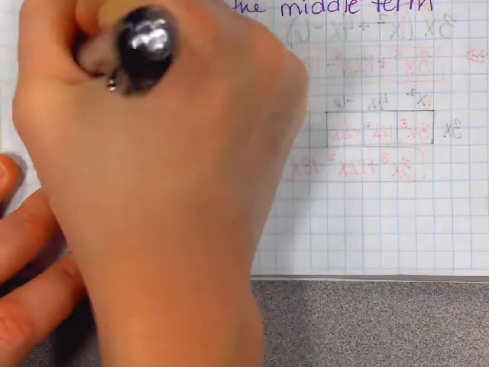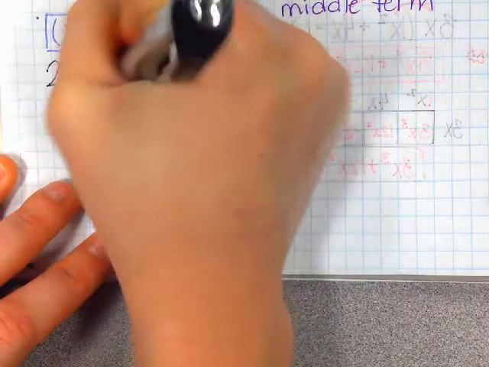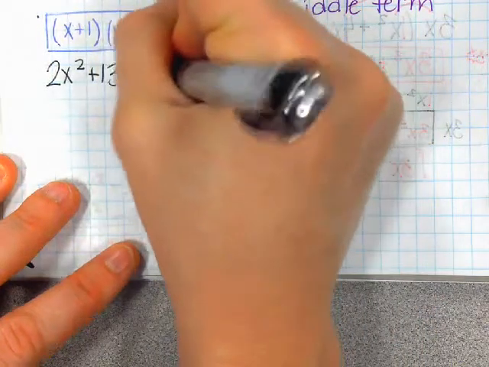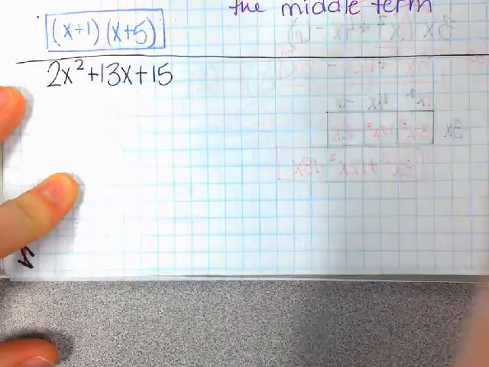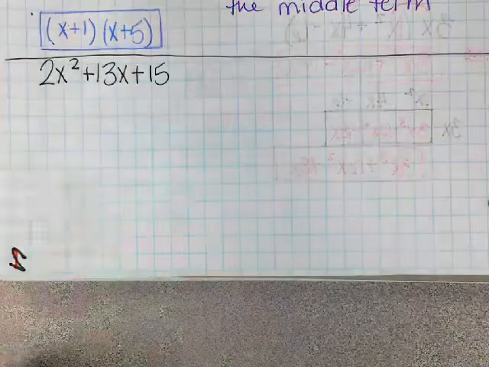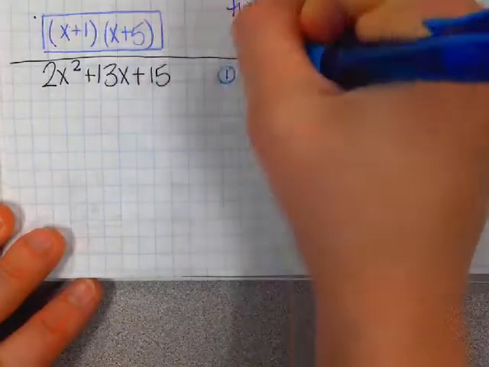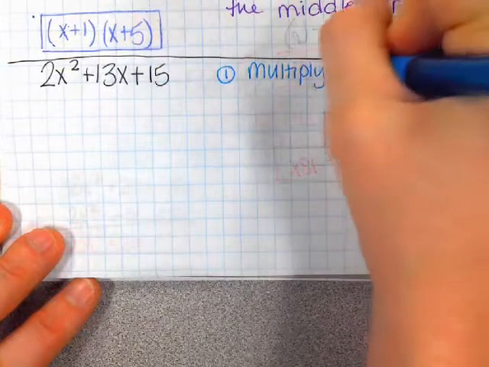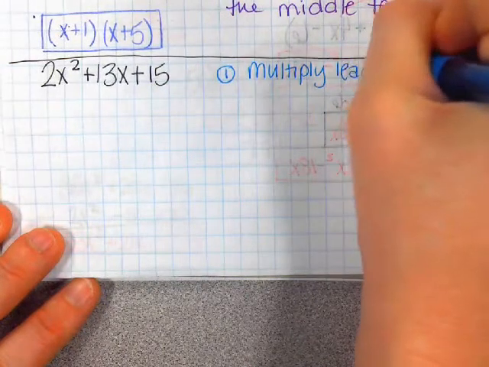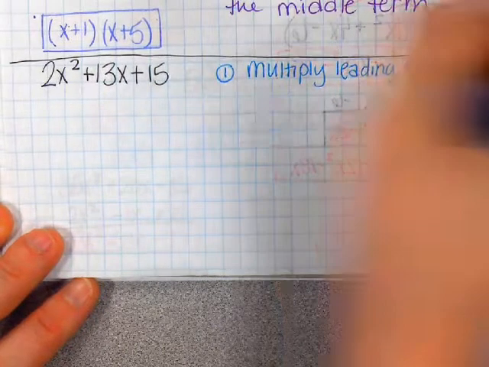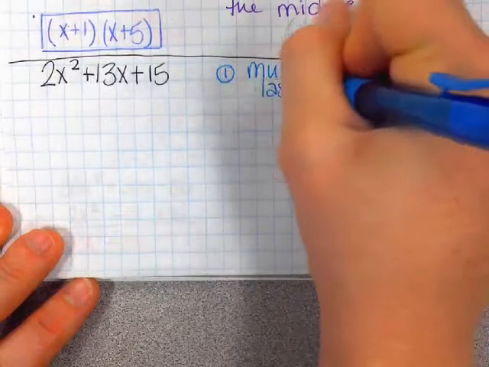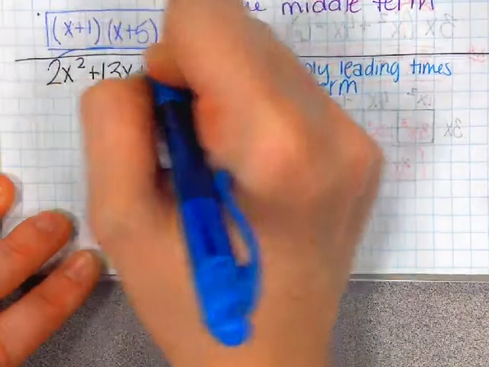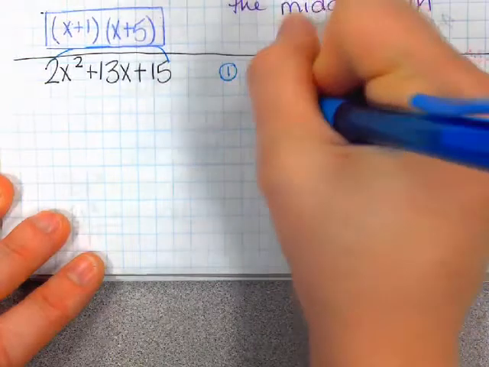Okay, let's do another one. If I have 2x squared plus 13x plus 15, again, the first step: multiply leading times last term.